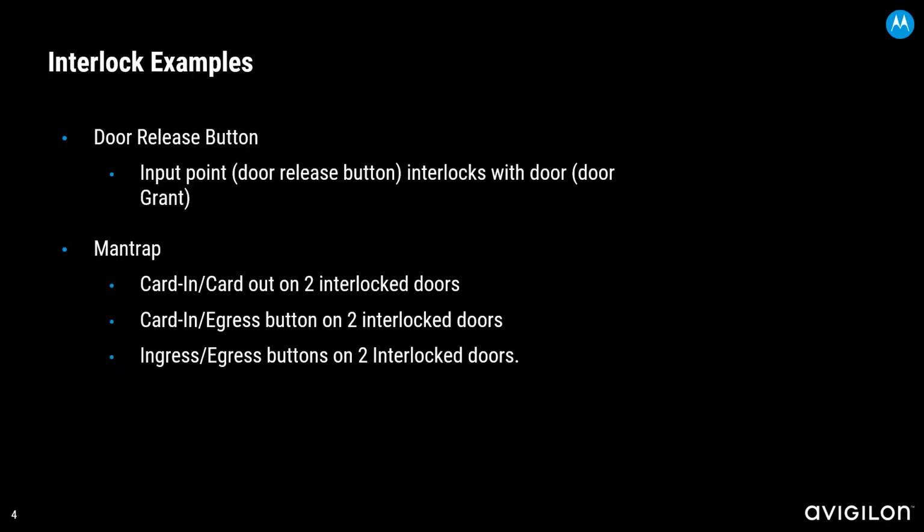You might see that in hospitals or maybe lab environments where you're already inside the secure area, but they need you to go through some type of interlock. And maybe there's a hand wave device or a device that you touch to get through the door versus having a card reader. Interlock can be used to configure all those scenarios.